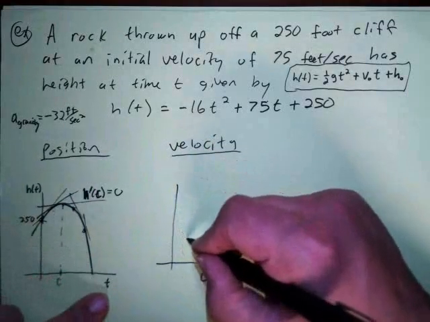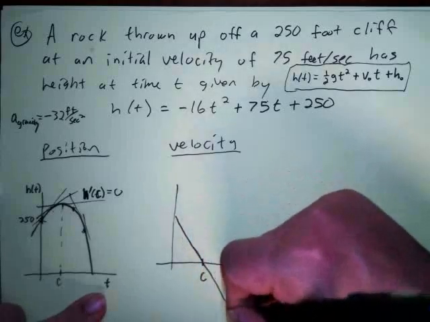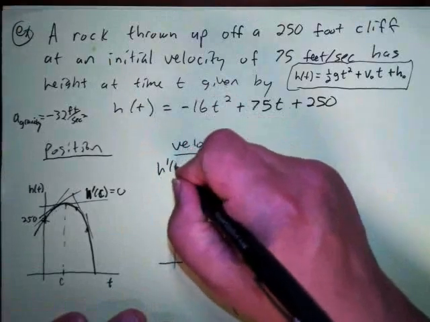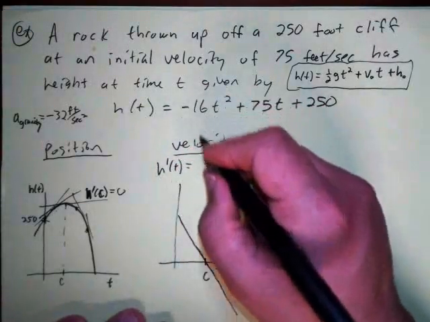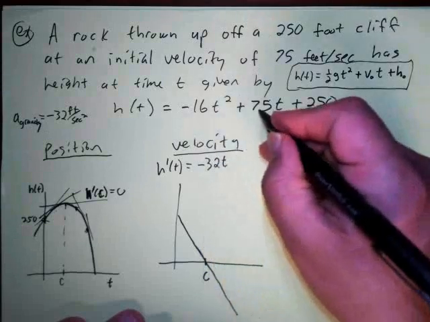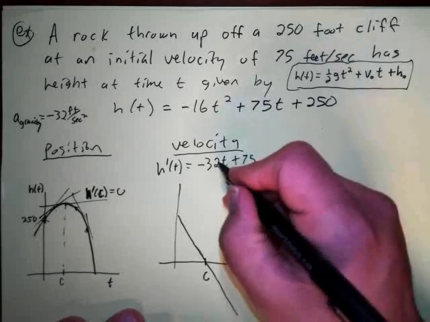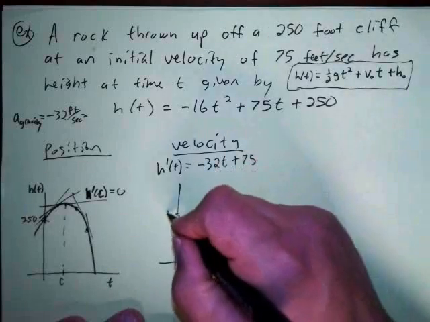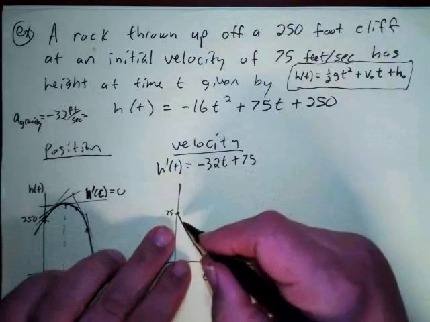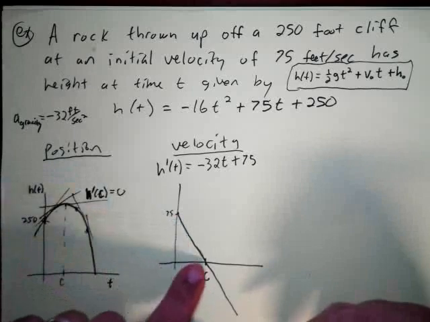And then it goes down to 0. And we know that this is going to be a straight line, actually, because if I take the derivative of h, I'm going to bring that down. I'm going to get negative 32t plus 75. So at time 0, this is actually 75, isn't it? 75 feet per second. Okay, and then it's going to go to 0.